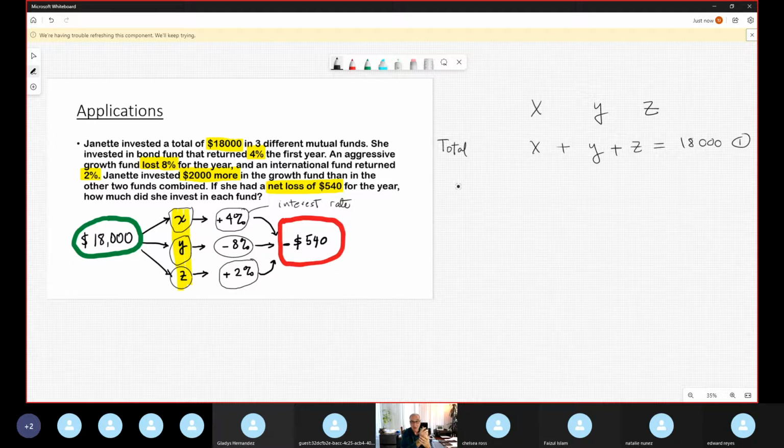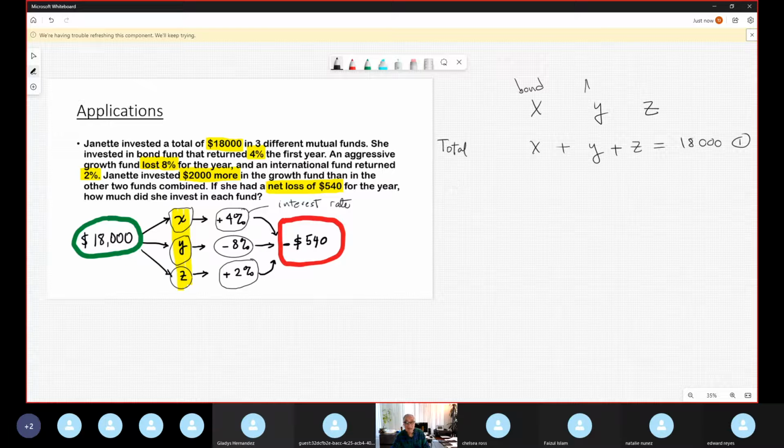You split in three accounts. Instead of putting X, Y, and Z here, you put the name of the account. The first is bond. It's a name, bond, the bond. And Y is the bad guy, what is the name?